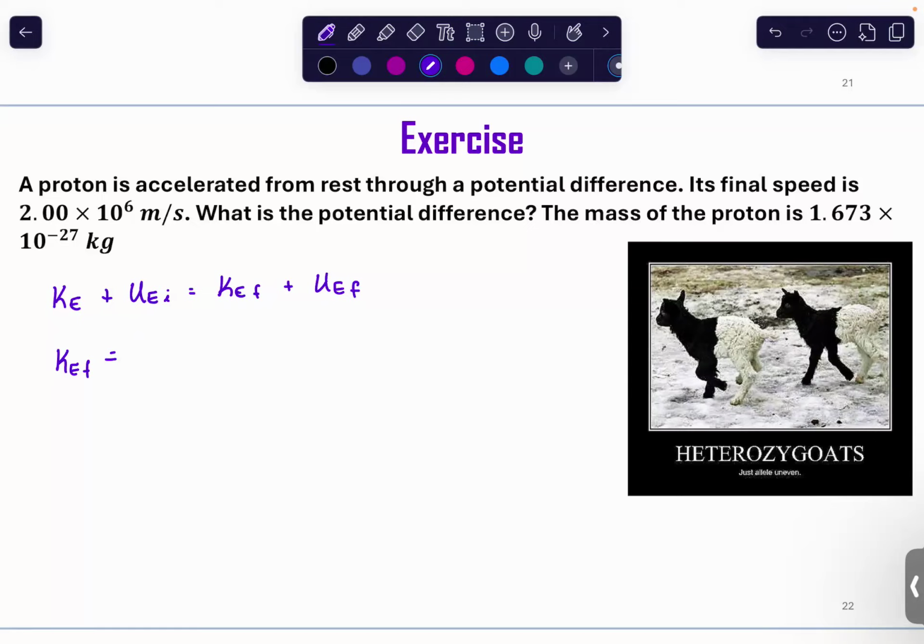We're going to bring everything but the final kinetic energy over to one side of the equation.